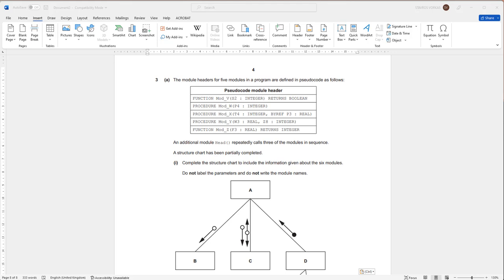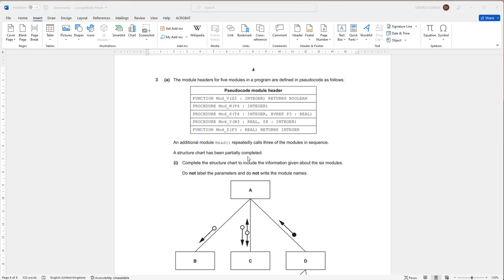This is actually taken from, I think, June 2022. It gives us this big question. It's like a whole page just for this structure chart. I can tell you for a fact, most of you will see this and you'll feel a bit intimidated. Oh my God, this is very difficult. But in fact, it's actually very easy.